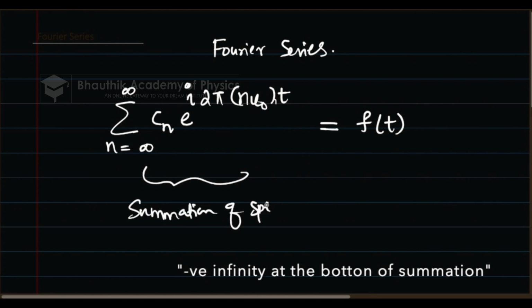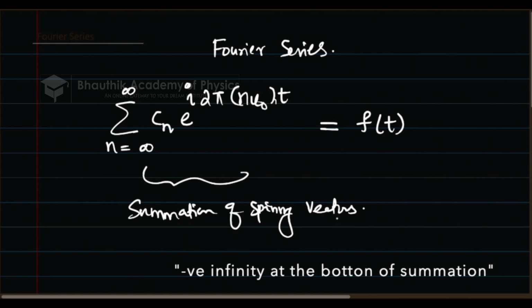Okay, and this is called Fourier series, and I would say that this is the most useful formula of Fourier series. If you know this formula, you know how to derive this formula, you know the physical concept behind this formula, and if you know this formula, you can derive all other different expressions of Fourier series of a function.